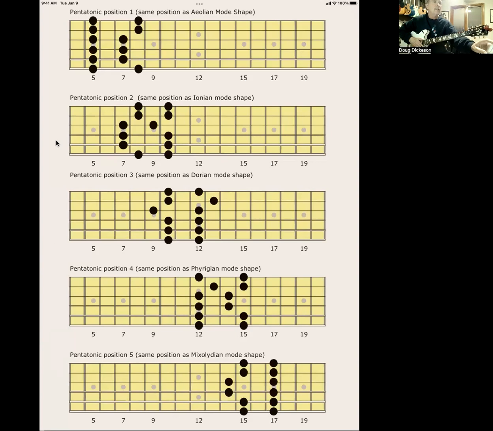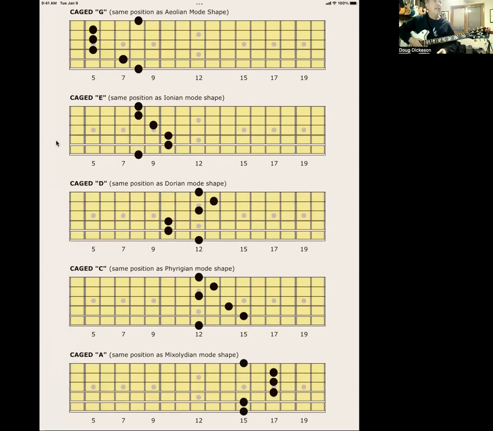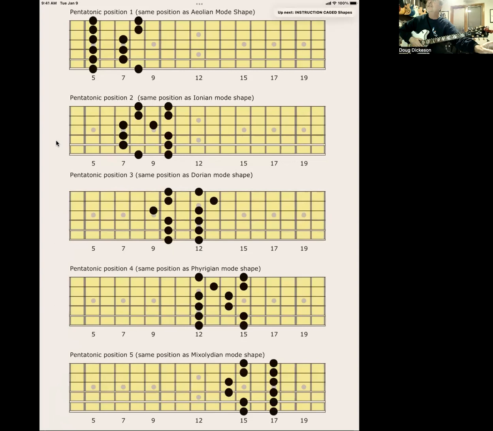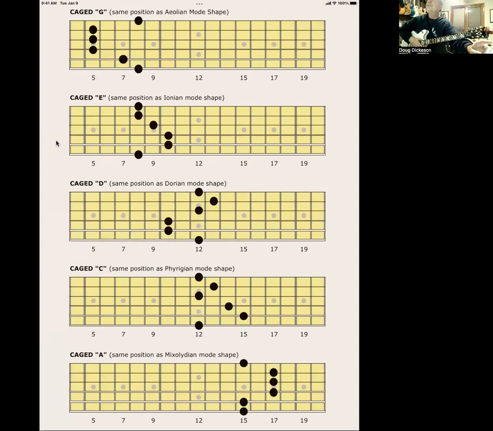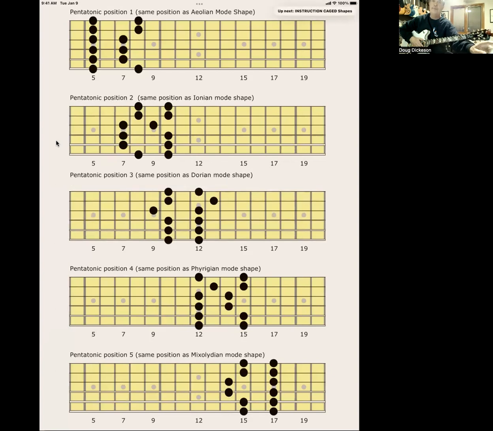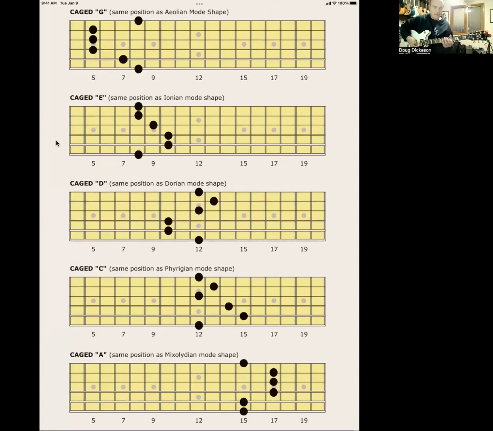Now let's think about what things look like in terms of that CAGED fretboard navigation system. Okay, so I'm going to switch back and forth a little bit. Keep your eye on the top diagram there. See how we've got pentatonic position 1, and you see how CAGED G is essentially the same thing as pentatonic position 1, except with fewer notes.